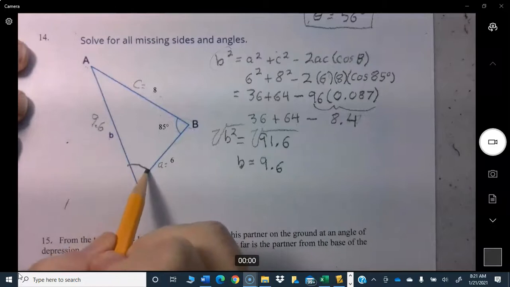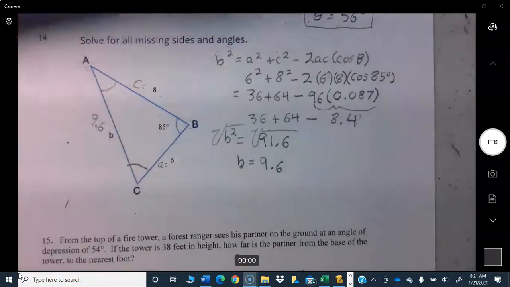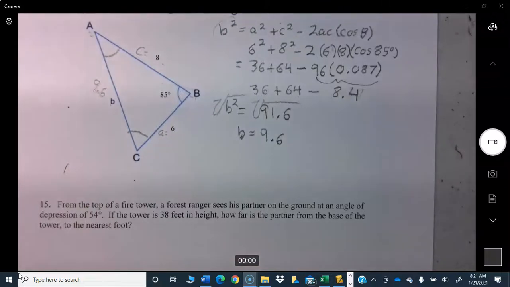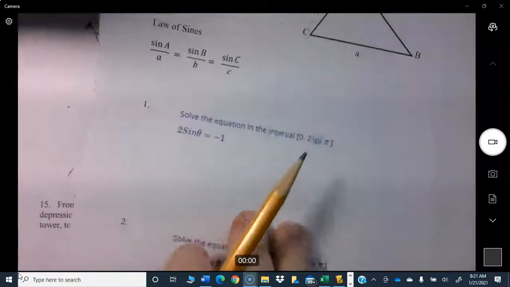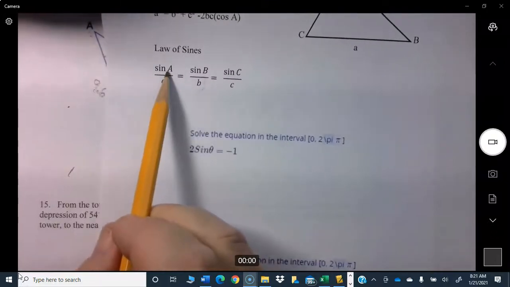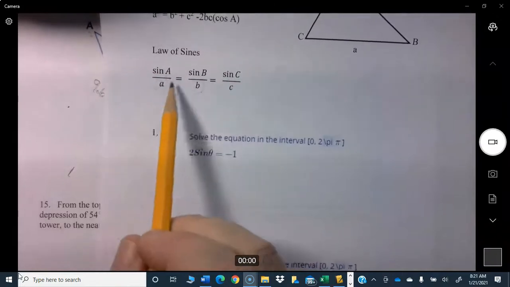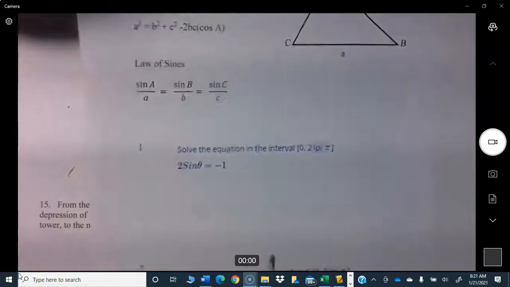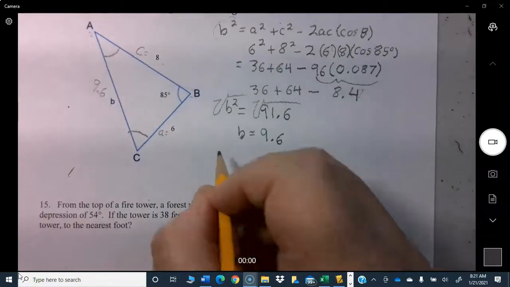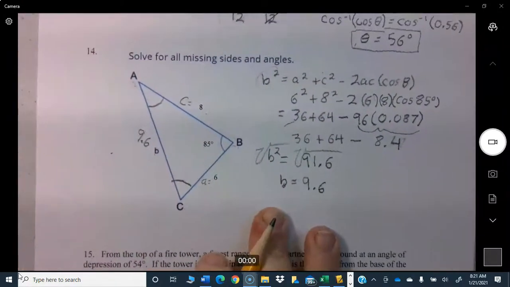We're still trying to figure out these two angles here. So let's go ahead and do A. The law of sines says that the sine of B over side B equals the sine of A over side A. We could have used C, but we decided to just use A. So let me do that up here.